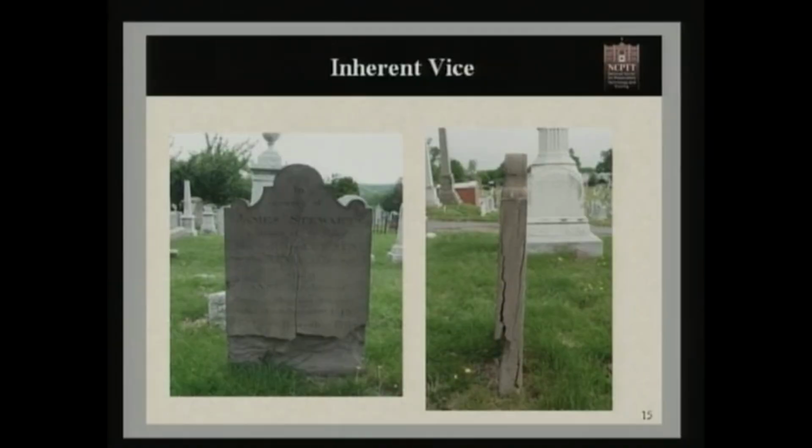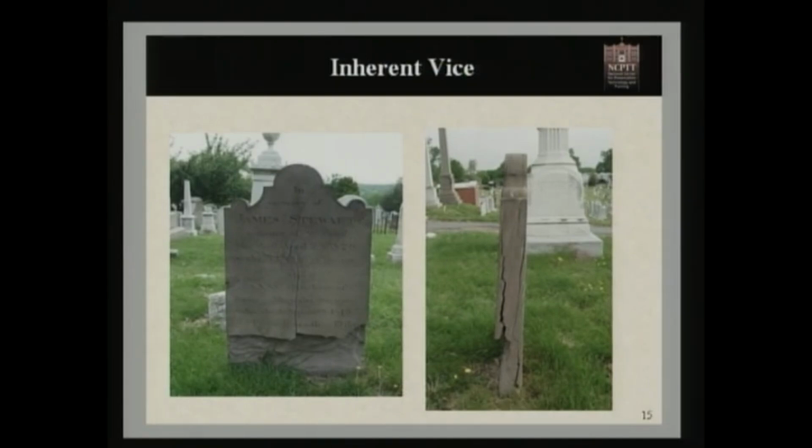Also, sometimes monuments have problems themselves, and that type of problem is called inherent vice. The inherent vice is a problem that is associated with the material that the grave marker is made of itself. For example, here we see a slate marker that's in contact with the ground.